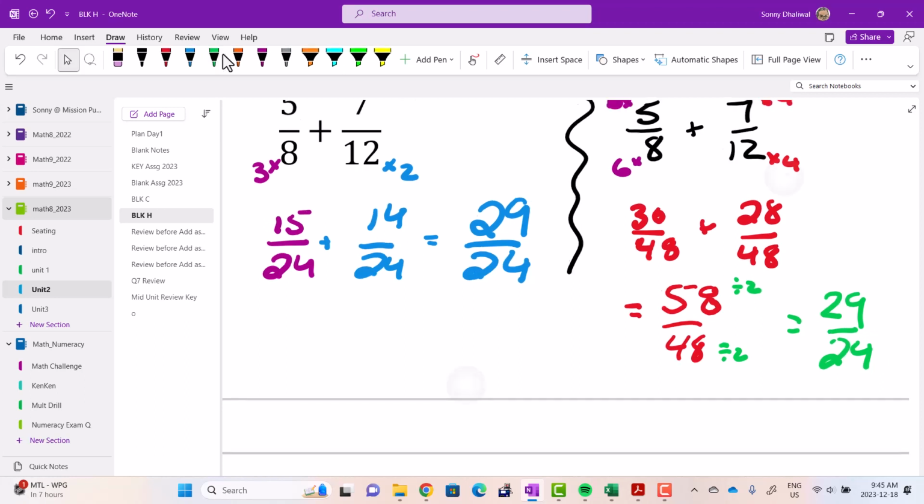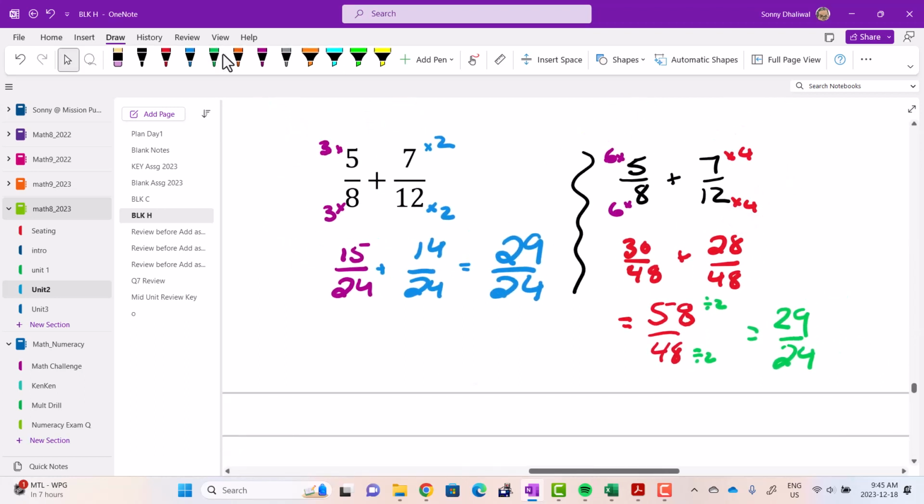I'll get your idea. So if you are ever stuck on an adding and subtracting question, a strategy that works 100% of the time is you can always multiply by the opposite denominator. Right?